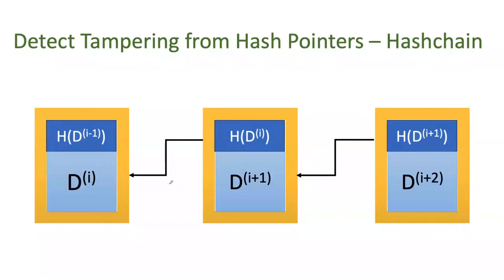So in detecting the tampering from the hash pointers, as said, it is a hash chain. Let us assume that this is block 0, block 1 and block 2. From your previous block, this previous hash is computed based on the previous block data. Data means message.